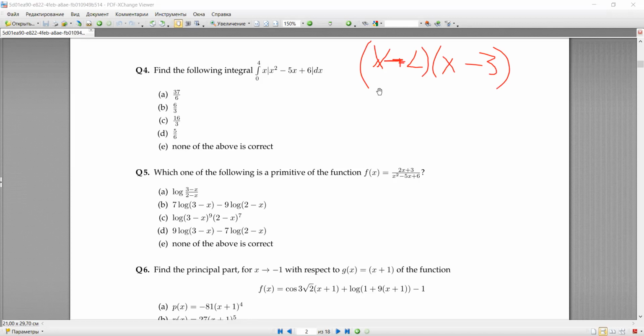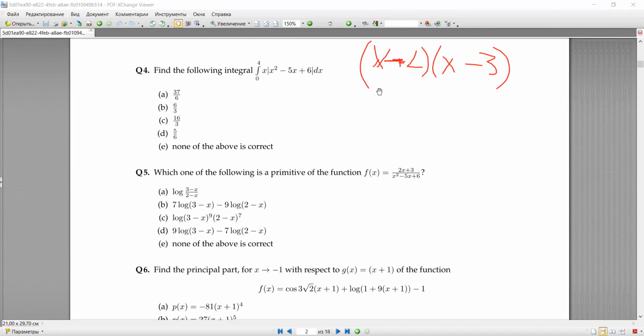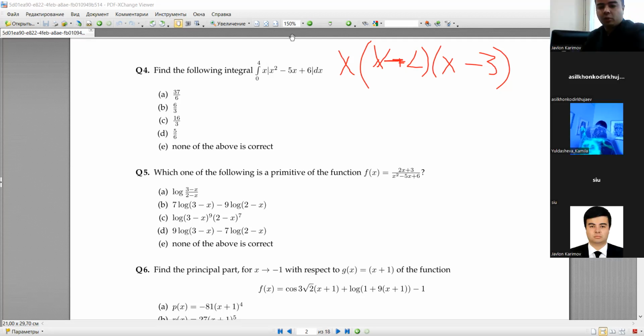What should we do here now? From 0 till 2, from 3 till 4, it is positive. From 2 till 3, it is negative. Yeah. And now we are doing some kind of quadratic inequality, yes?